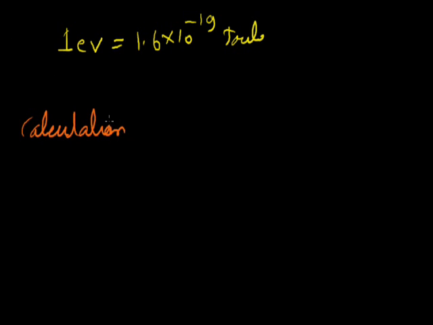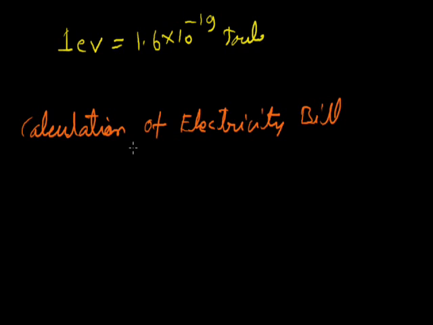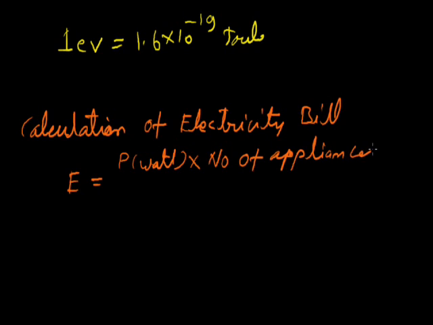So the calculation of the electricity bill: energy is equal to power in watts into the number of appliances of the same wattage used at the same time, into the time in hours.